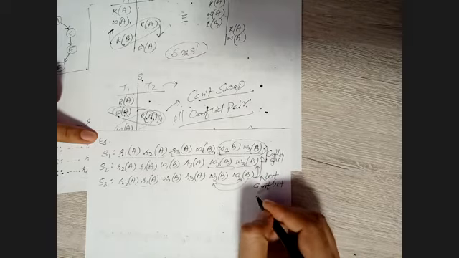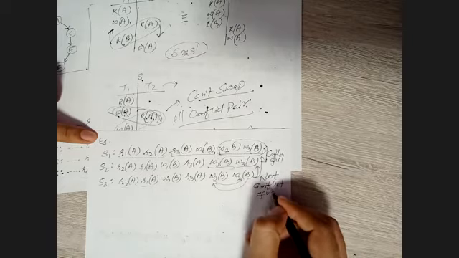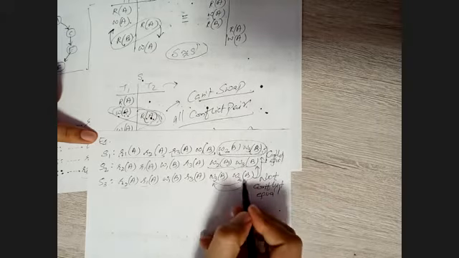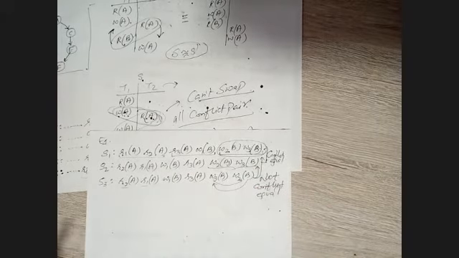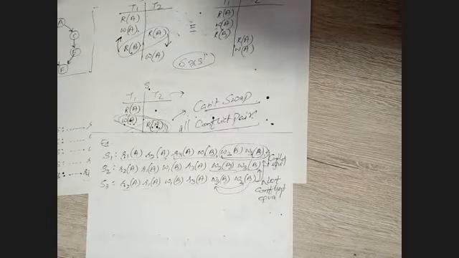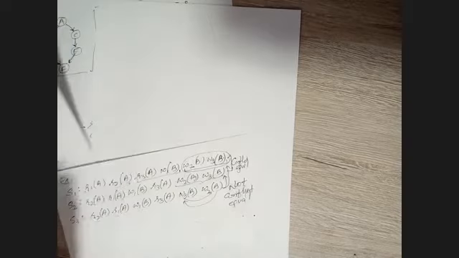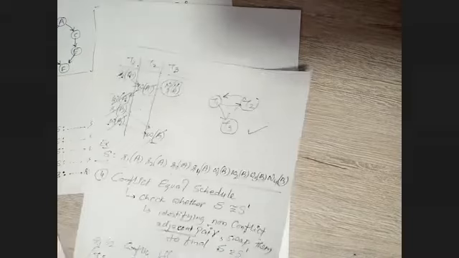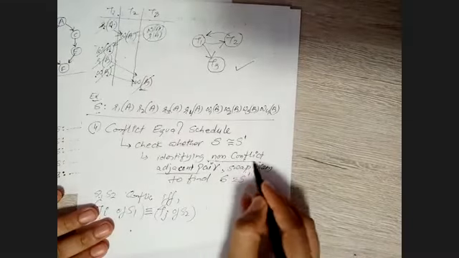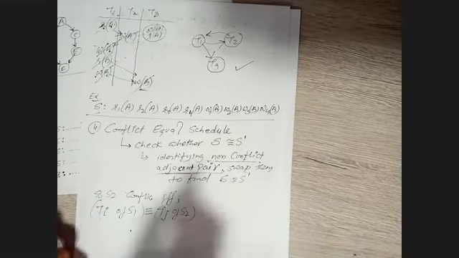Why not? We have swapped a conflict pair of adjacent operations, but conflict equality says we need to swap only non-conflict adjacent pairs.